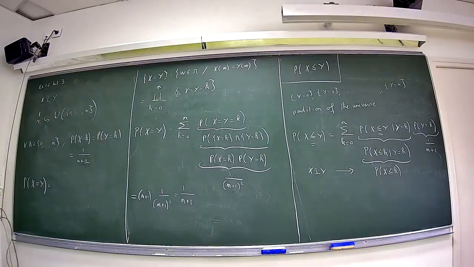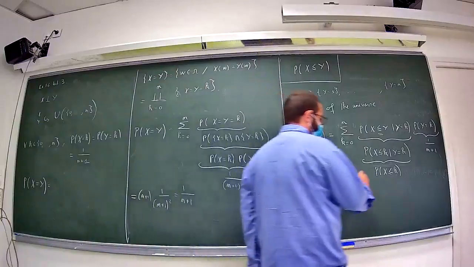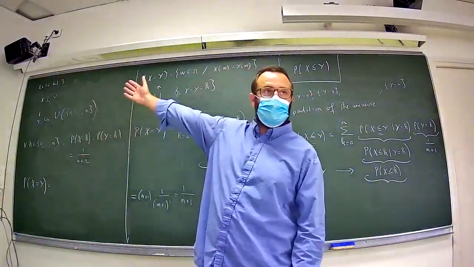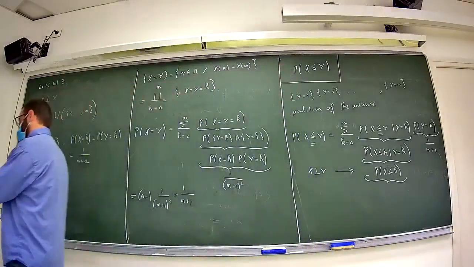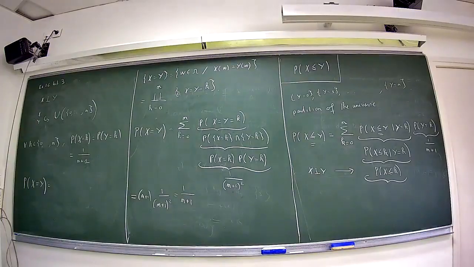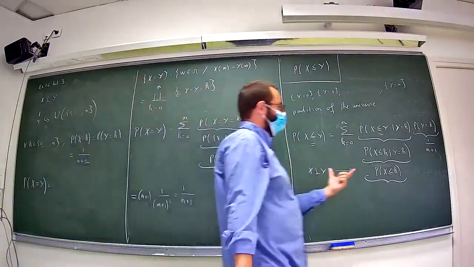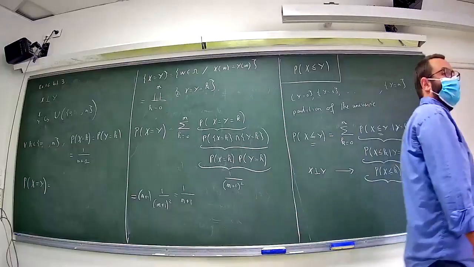And now the only thing I have to know before doing a little computation is the probability that X is less than k, knowing the distribution of capital X. If it is less than k, what are my possible values? 0 to k.